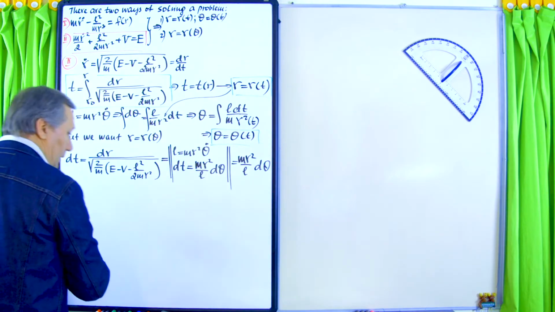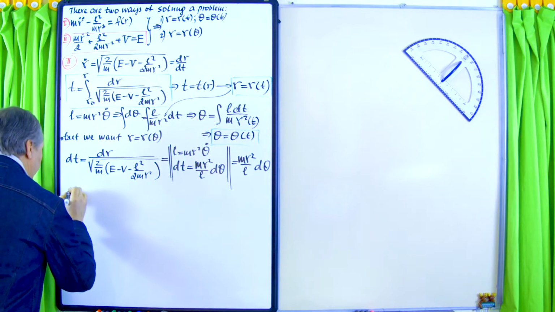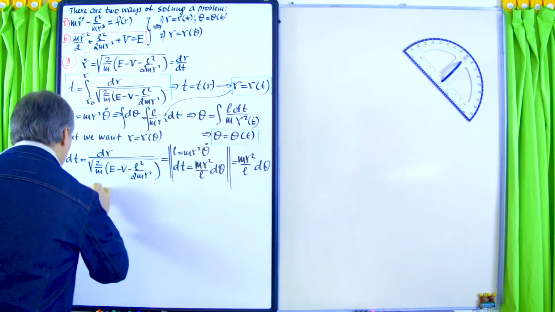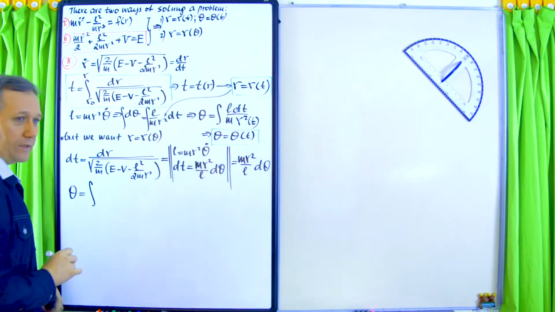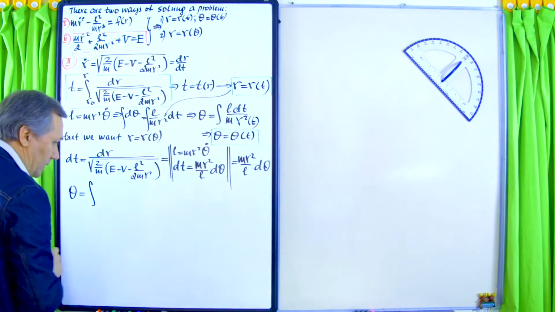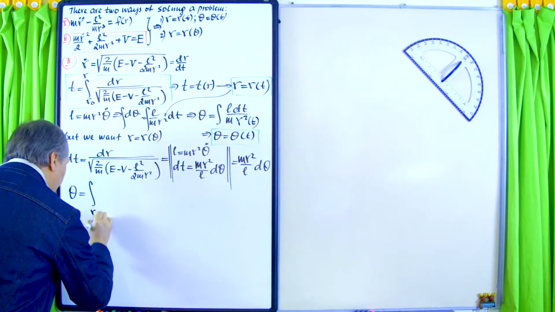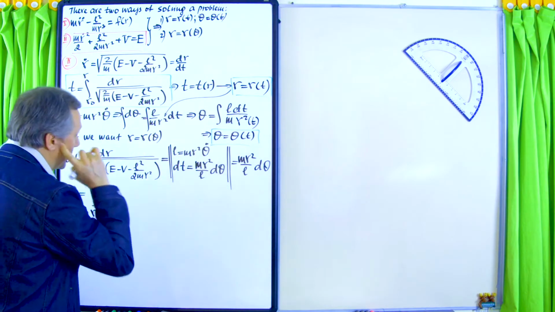Okay, let me write. Theta will be an integral, indefinite, or maybe definite. Let me write definite: integral from r naught to r.